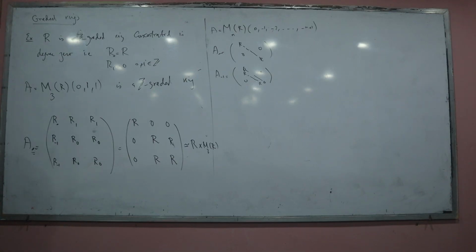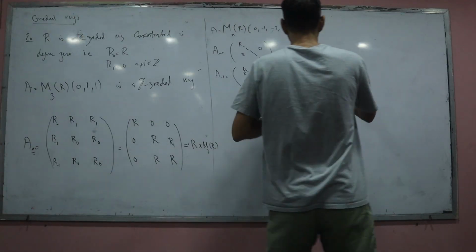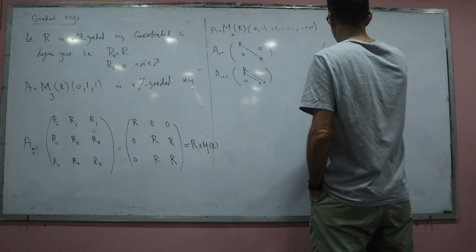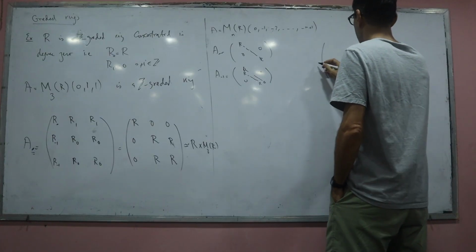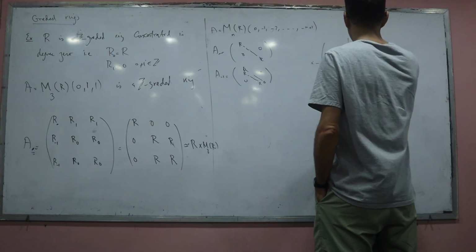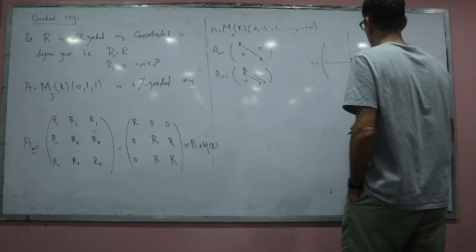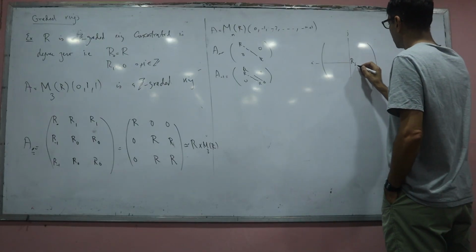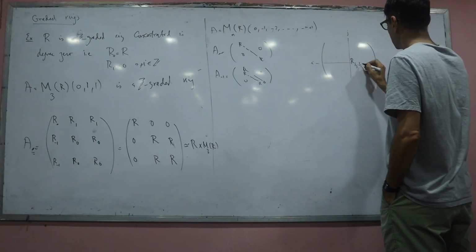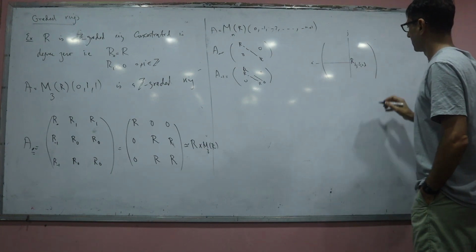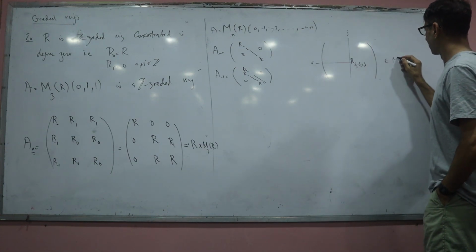Sir, can you please write down the formula for the ij-th element of the matrix? All right, so this should come from R. This is for the lambda one.